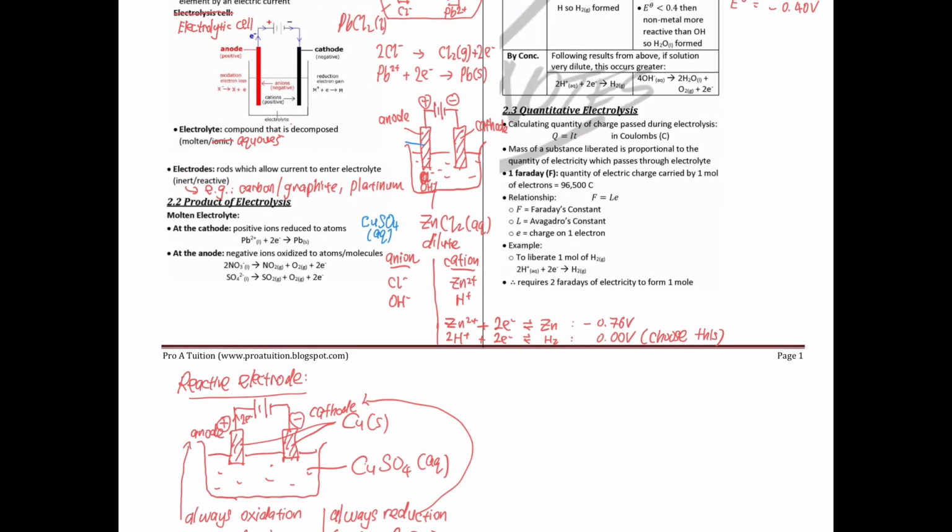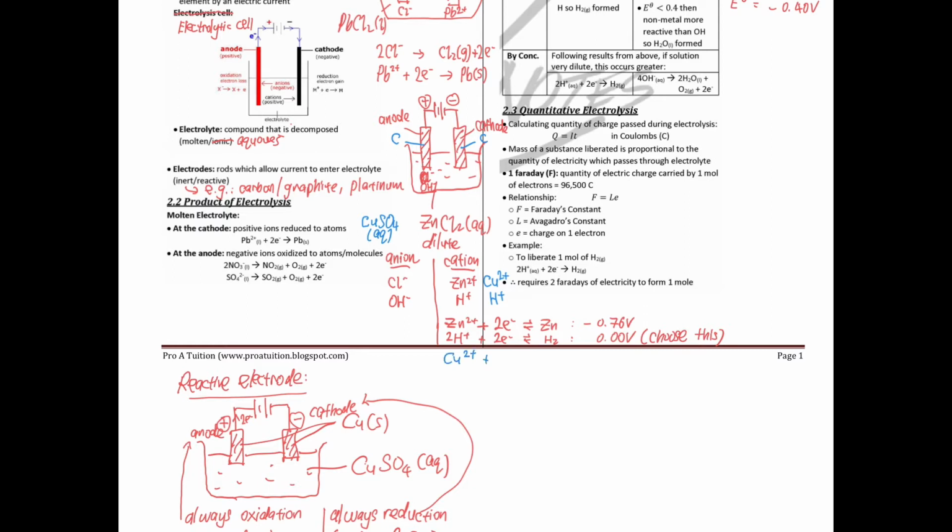So my electrode here is just, let's say, carbon. We don't have a reactive electrode here. So if I use copper sulfate as my electrolyte, my cations are now Cu2 plus and H plus. H plus we already know is 0 volt. Copper 2 ions, let's take a look. We write this down.